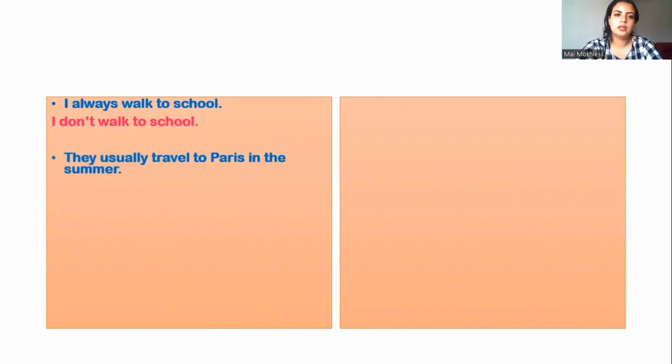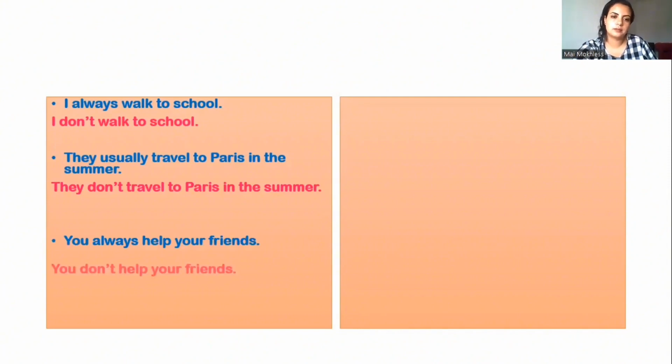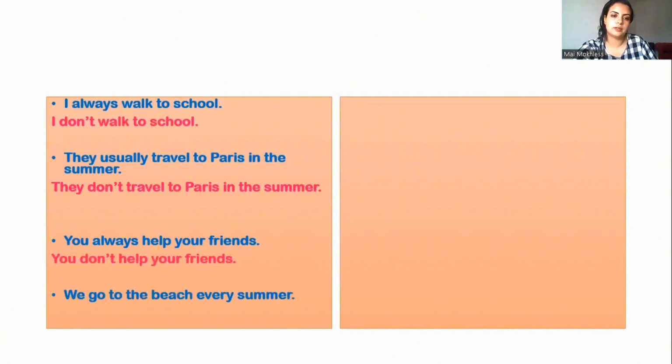They usually travel to Paris in the summer. They don't usually travel to Paris in the summer. You always help your friends. You don't help your friends. We go to the beach every summer.